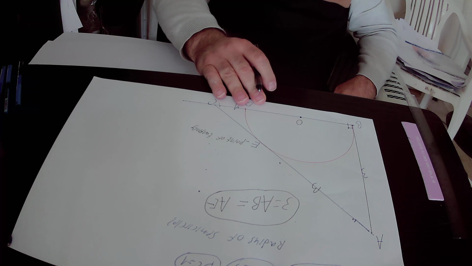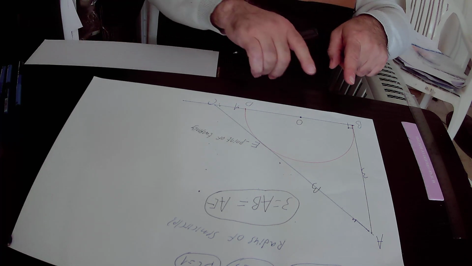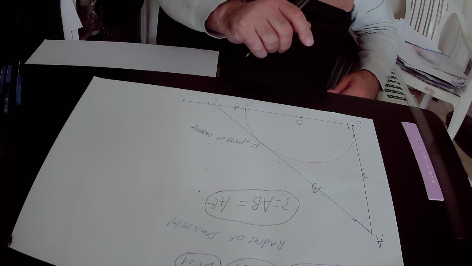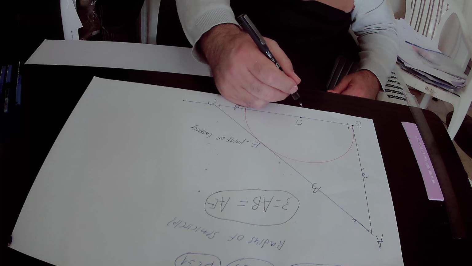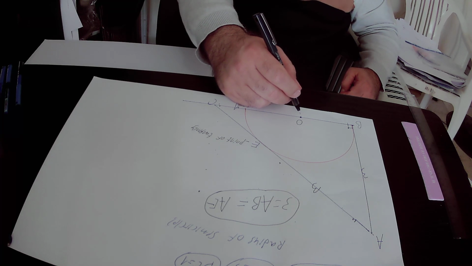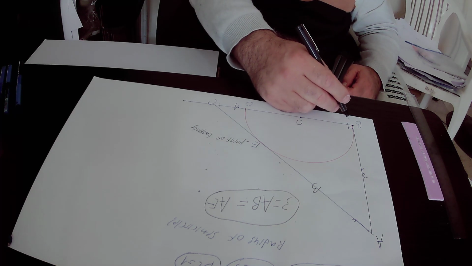and line segment BO is the radius of this red semicircle because line segment BO starts from point O, that is the center of this semicircle, and ends at point B, that is a point on the semicircle itself.